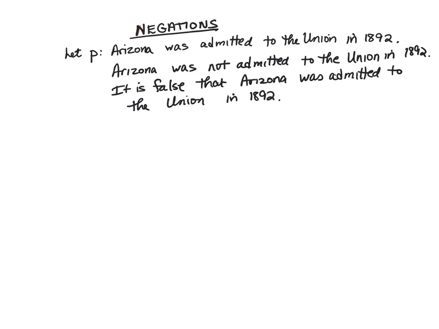So when we negate a statement, in mathematics, we put what looks like a tilde, and we read this as not P, which is the negation of the statement P. So not P is called the negation of P.